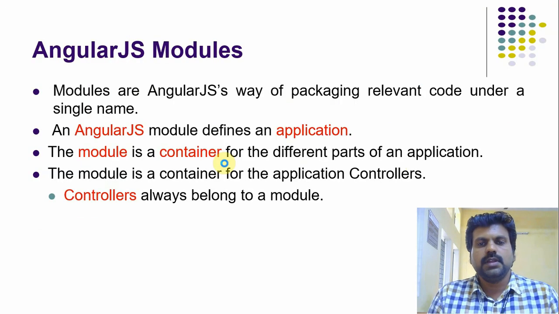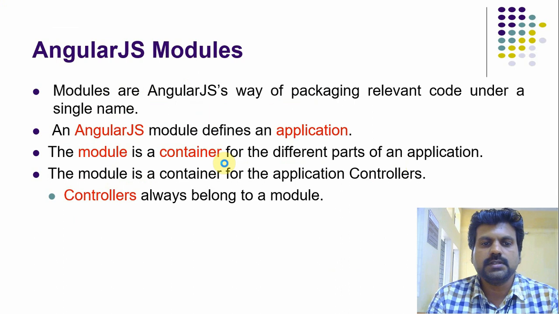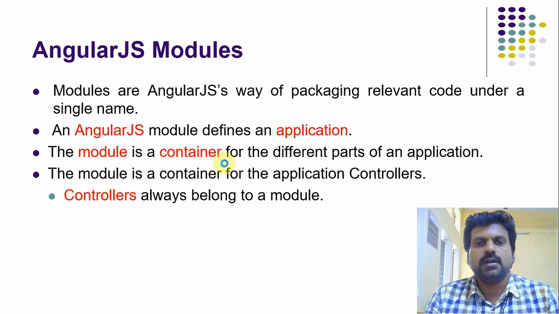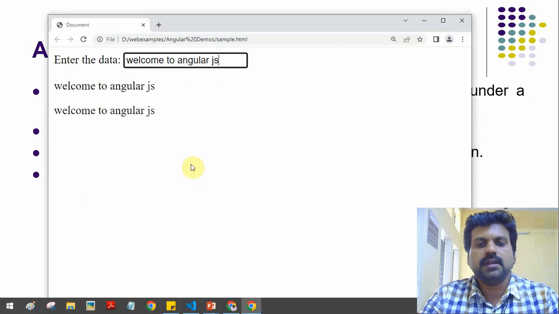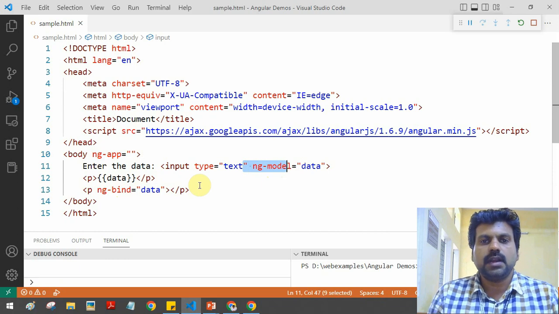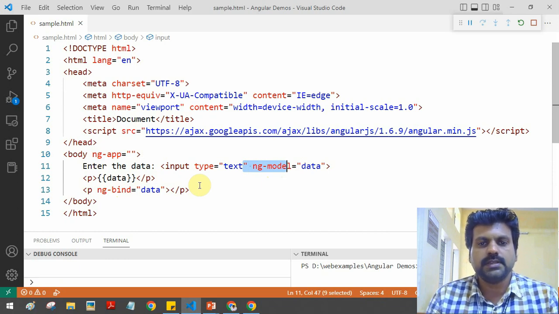Next, a very important concept we are going to discuss is AngularJS modules. This was a basic look at how to bootstrap AngularJS using ng-app, how to create a model, and how to bind data. Suppose you want to write some controller functionality or business logic.